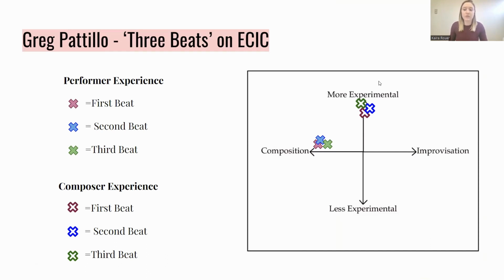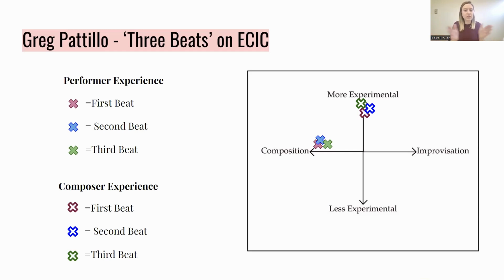Overall, they're experimental in that we have the use of vocal beatboxing and commercial music influences, different ways that the flute is being utilized functionally, different ways that the voice is being utilized functionally, and then I have it right on the line of improvisation and composition because the process was improvisational, but the result was very compositional.